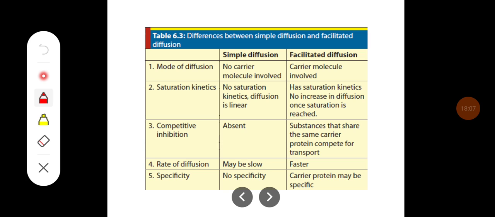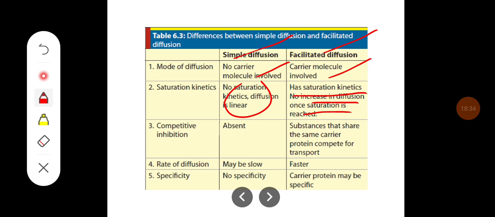These are some of the differences between simple diffusion and facilitated diffusion. In simple diffusion, no carrier molecule is involved, whereas here the carrier molecule is involved. Simple diffusion does not obey saturation kinetics, and the diffusion is always linear, whereas facilitated diffusion has saturation kinetics. There will be no increase in diffusion once saturation is reached.